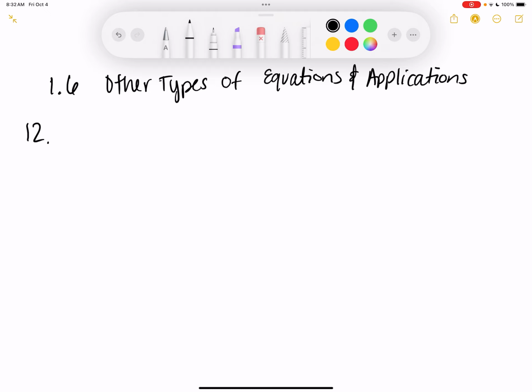Number 12: 2 over x plus 1 plus 3 over 5x minus 2 equals 0. So we need to get a common denominator with these ones.